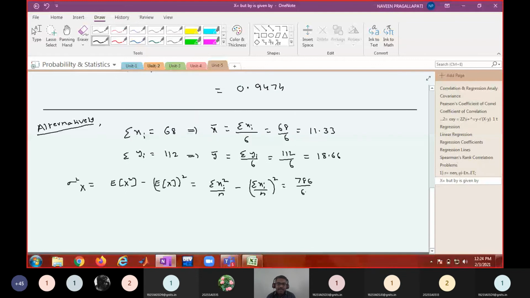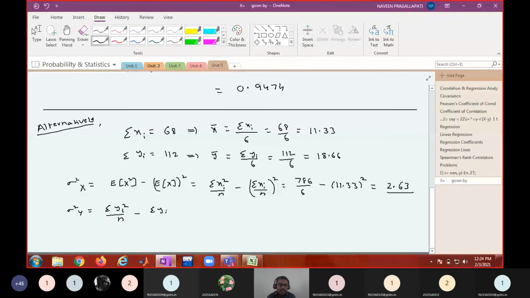So 786 by 6 minus x bar, that is 11.33 whole square. Can you compute this? 2.6311. Let us round to 2 decimals: 2.63.